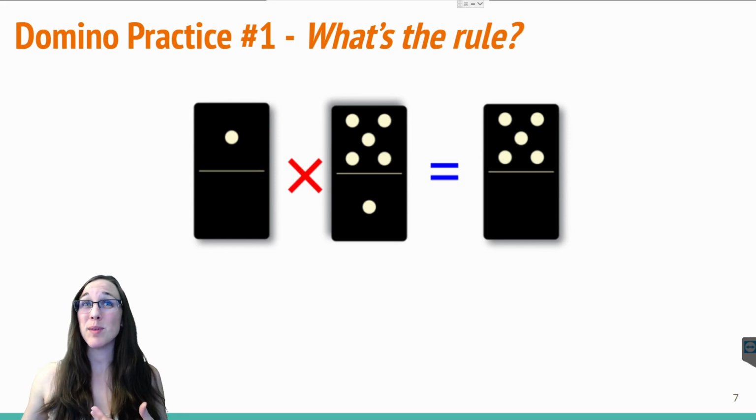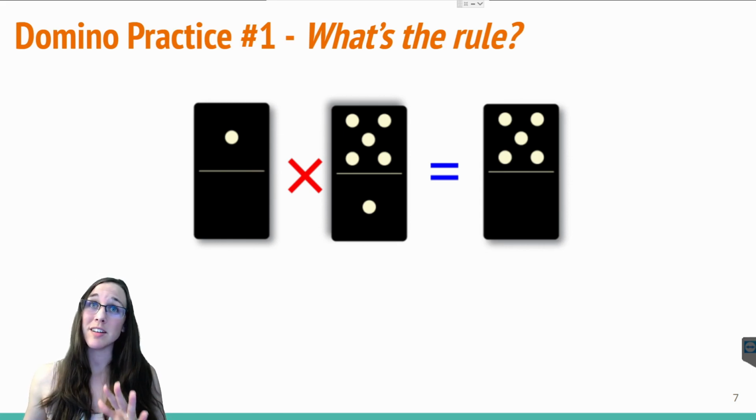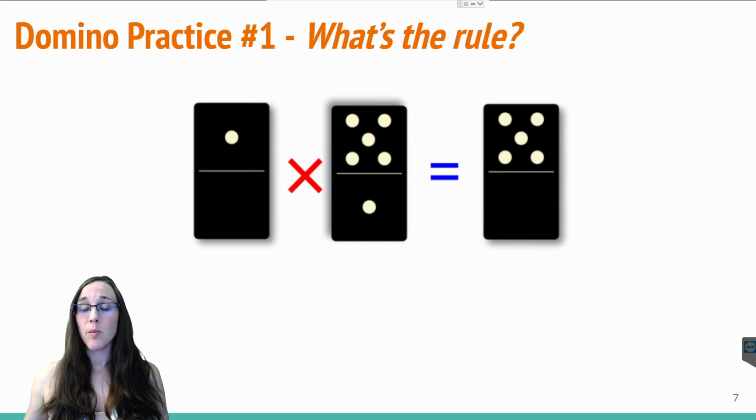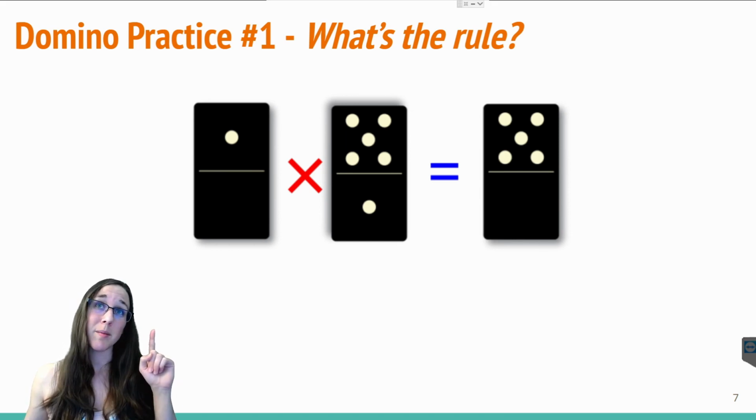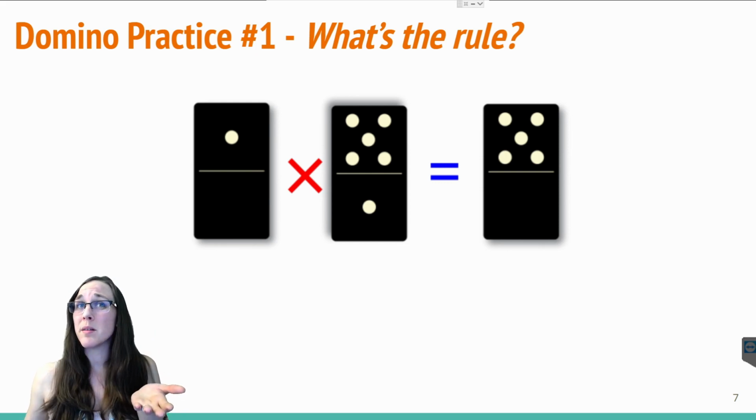So if you were going to play dominoes, and we have the dominoes set up as follows in this picture, how would we get that final product with the 5 dots on top and nothing on the bottom? What would you have to do with those first 2 dominoes in order to get that product result? What would have to happen? What's the rule?